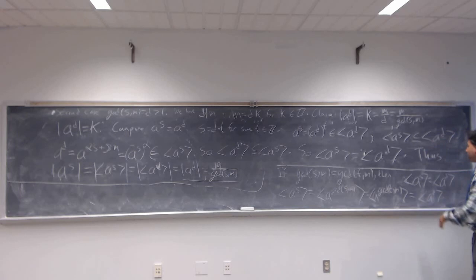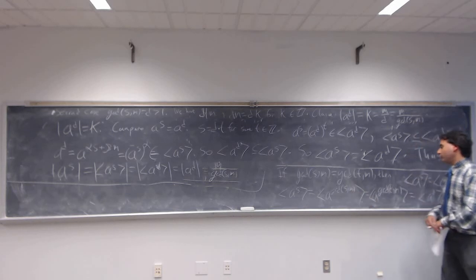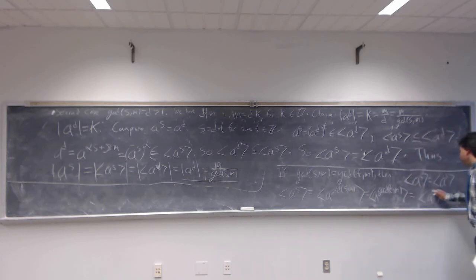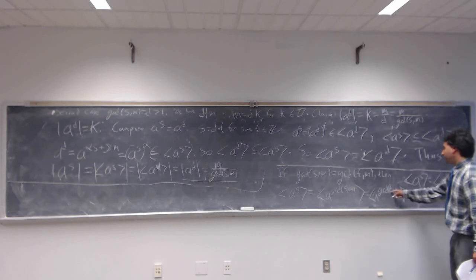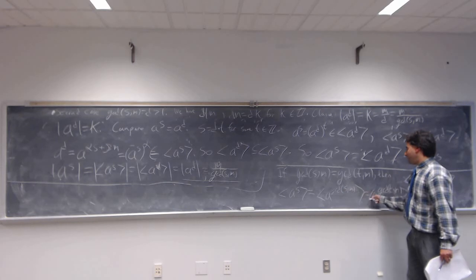So that proves these two elements have the same order. So a to the t is what I want to say here, right? So this applies for any integer. a to the t has the order of m over the GCD of t and m. But if that's the same as the GCD of s and m, these are two equal quantities.